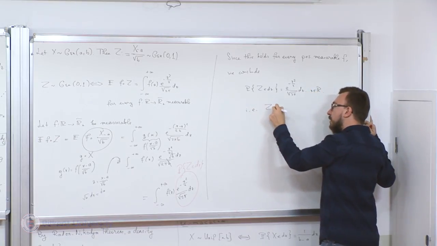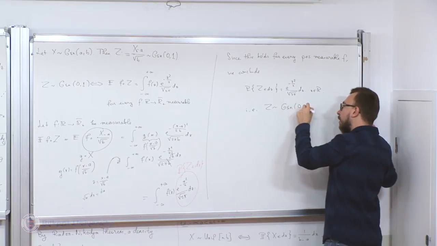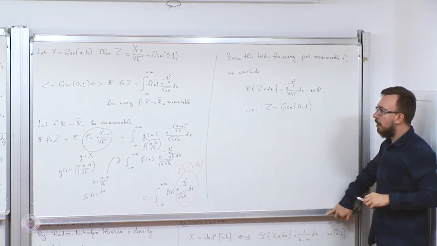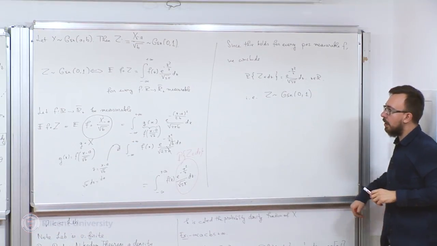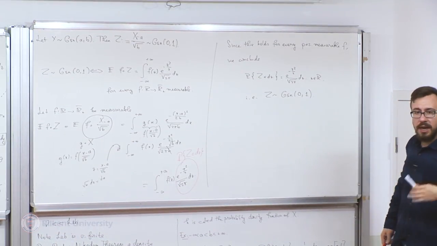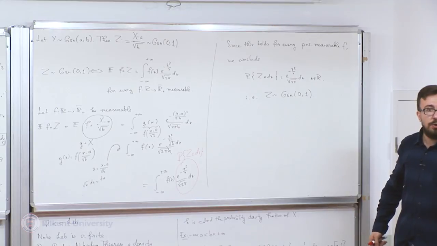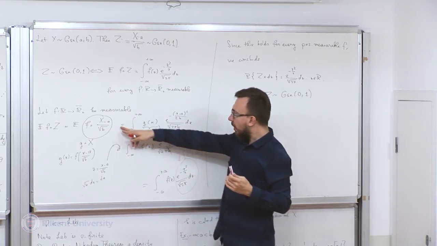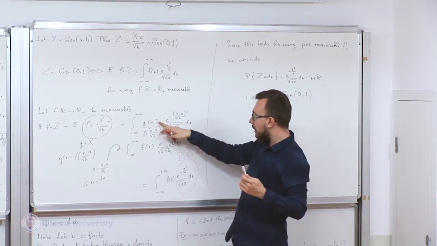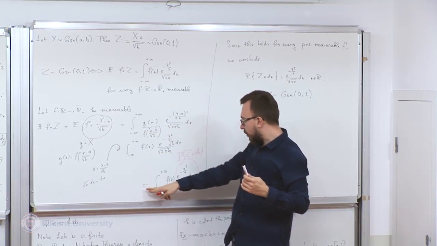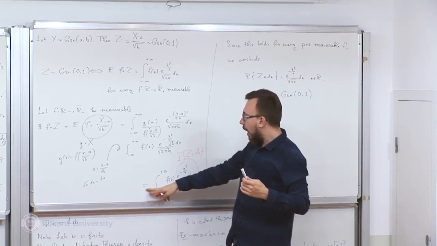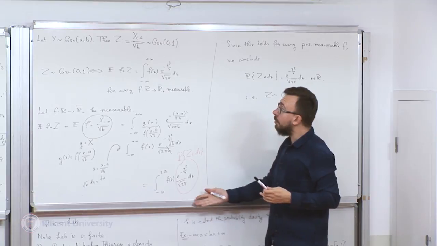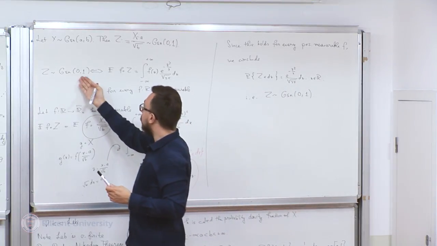In other words, z is Gaussian 0, 1. We use this characterization of being a distribution for a random variable many times. We use it here because we use the distribution of x, and then we use it here. The conclusion is that this is equal to this for every f. Therefore, we conclude z has a distribution Gaussian 0, 1.